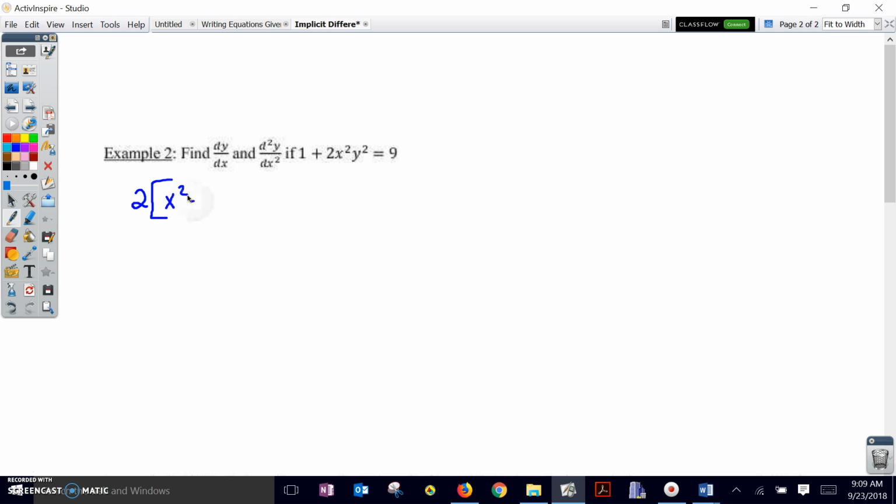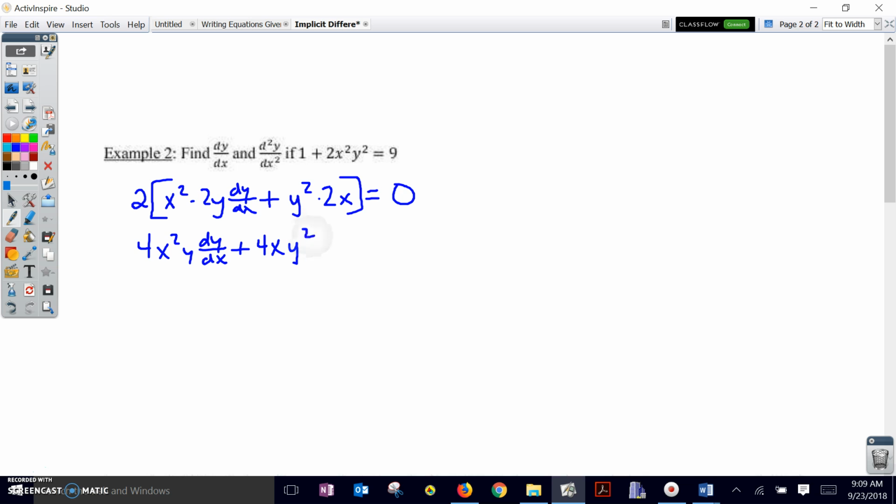I've got x squared times the derivative of y squared plus y squared times the derivative of x squared. And that's equal to the derivative of 9, which is 0. And so I've got 4x squared y dy/dx plus 4xy squared equals 0.